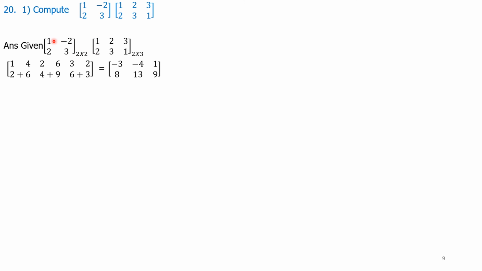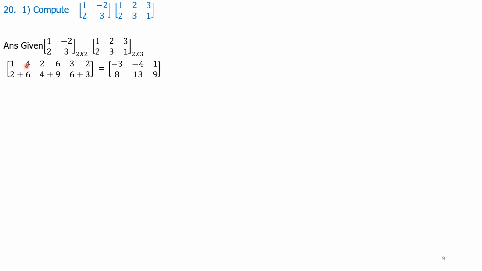Therefore, we can write three elements as 1 into 1 plus minus 2 into 2 is 4. Therefore, the first element is row into column is 1 minus 4.